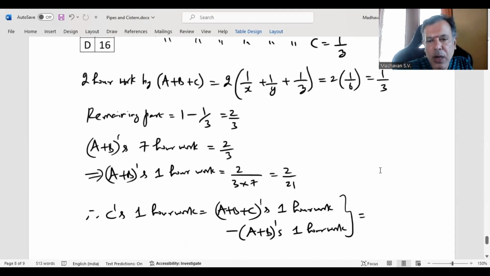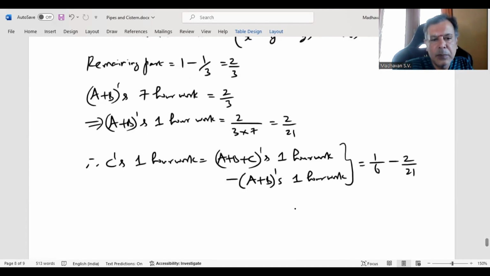That means 1 hour work will be 1 by 6 minus 2 by 21. That is equal to LCM will be 42. So 6 sevens are 42, this is 2 into 2.